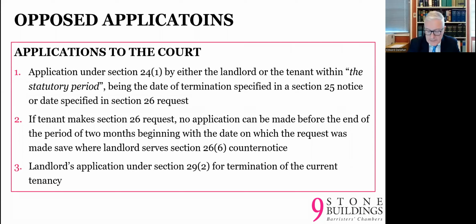As I say, since June 2004, so long ago, a landlord can apply to the court under section 29(2), and that allows the court to grapple with, in the first instance, the ground of opposition that the landlord seeks to rely upon.